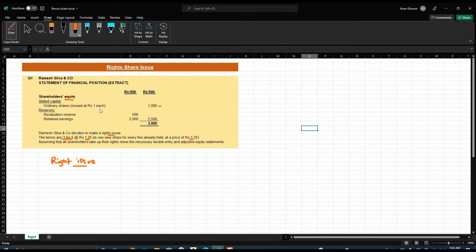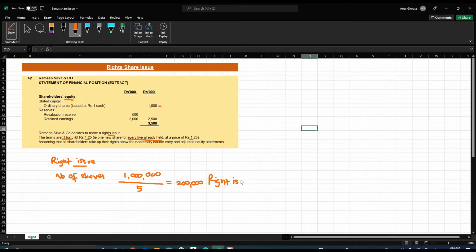If you divide 1 million by 1 rupee, the number of shares will be 1 million. Then this 1 million divided by 5, because they say one new share for every 5 already held, will give you 200,000 shares. So 200,000 is the rights issue.